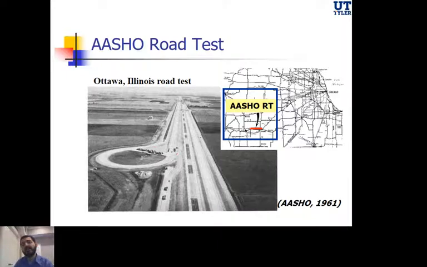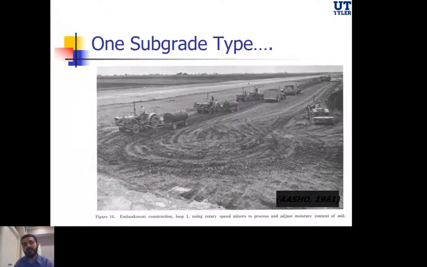So apparently the pavement design for this location is a little bit different from the long stretch that we see on this highway. This is when they started back in 1961 to compact the first layer.